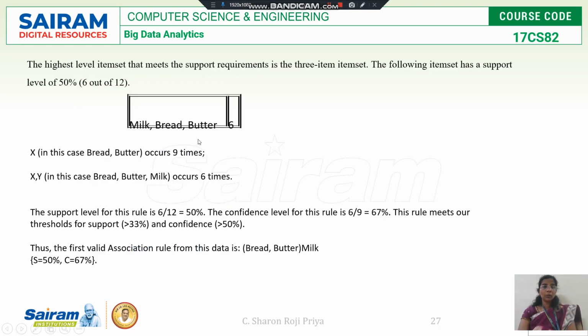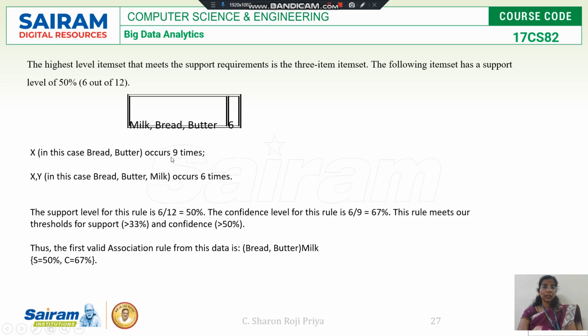Now how to write the support? Support, as I told, is all items together. So 6 divided by 12, 50% is your support. And what is confidence? Confidence is the frequency of X and Y together divided by the frequency of X. How many times do X and Y occur together? 6 times.